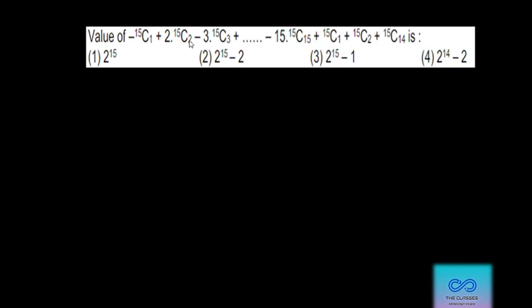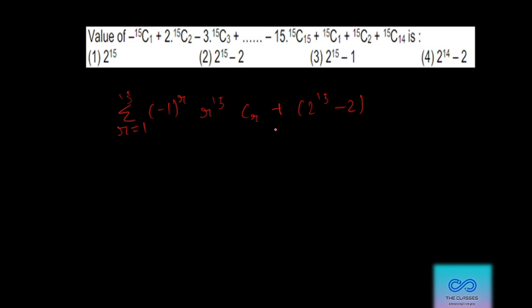The value of the sum with minus 15c1 is given. So now let's see this question. Basically here the question is the sum over r equals 1 to 15 of minus 1 to the power r, which I am writing as the general term, r times 15cr, plus 2 to the power 15 minus 2.